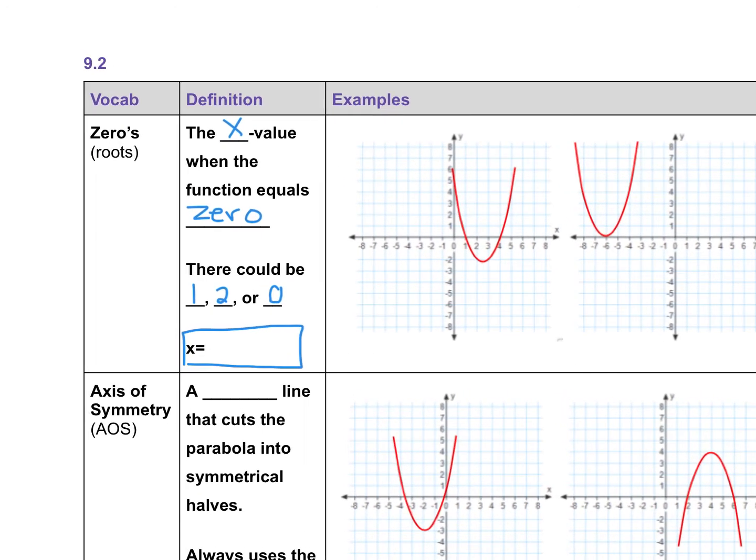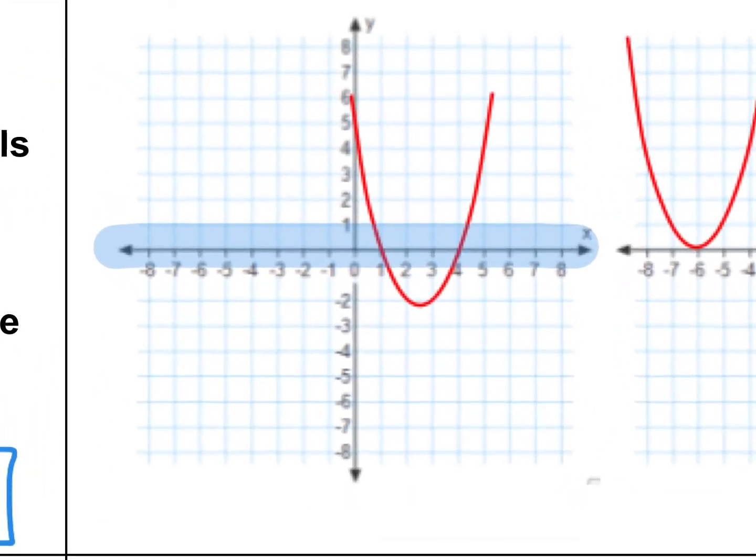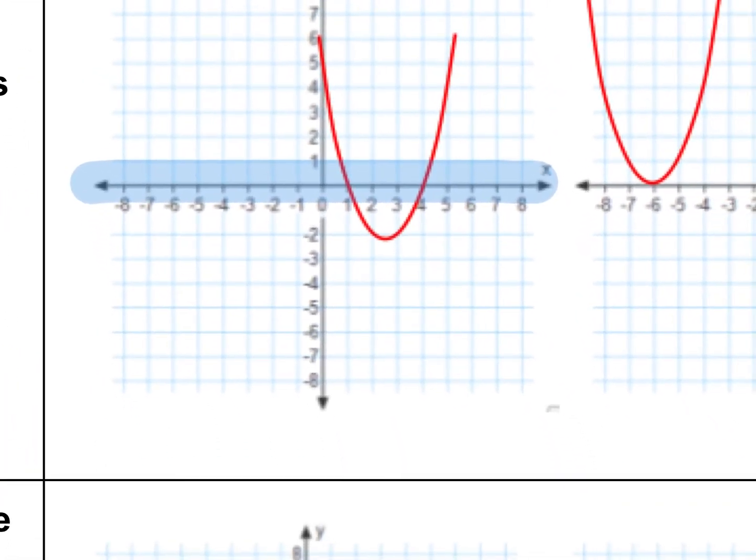Okay, and these are all based off of the graph. So I want to know where the function equals 0. And since it's where the x value, we're going to look at our x-axis. Now that I have that highlighted, I'm going to see where my graph crossed my x-axis. Okay, so I'm going to zoom in even closer now. Right here and right here.